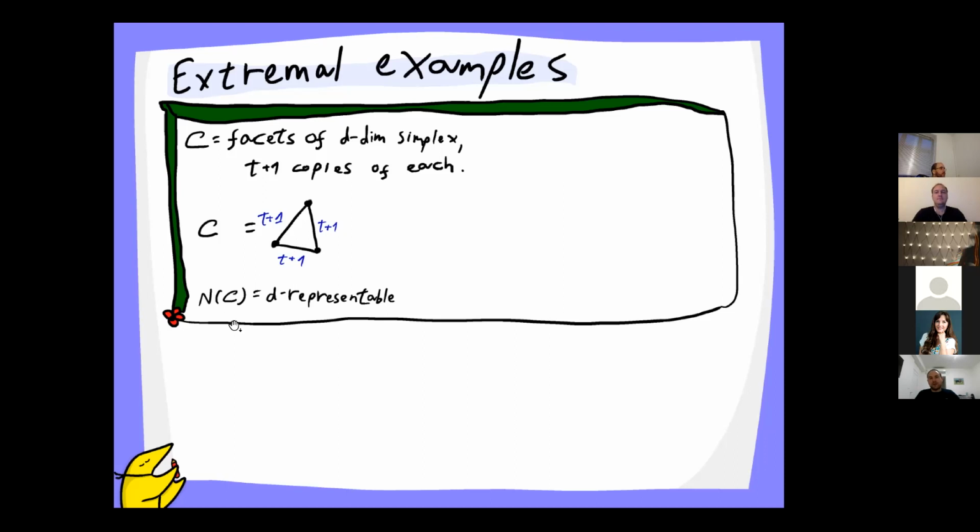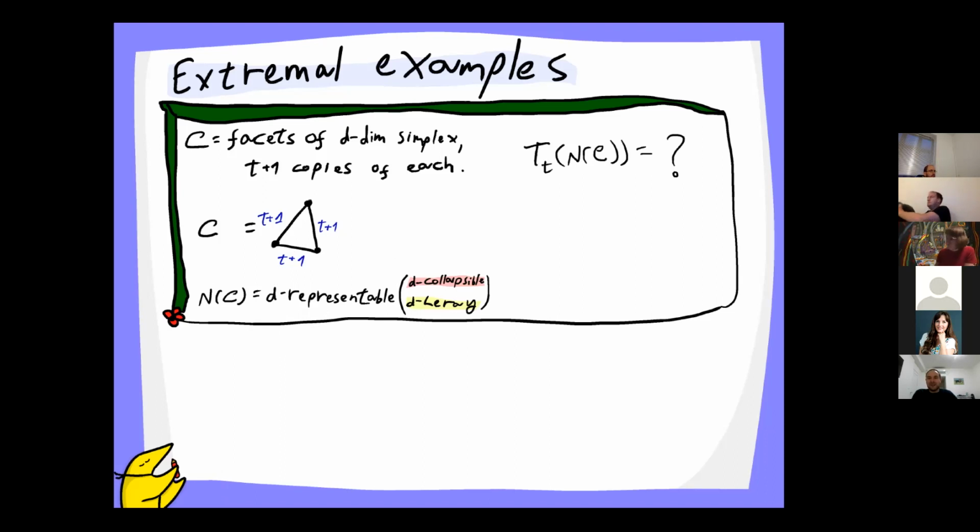The nerve of this family is by definition d-representable, and in particular it's d-collapsible and d-Leray. And we want to know what is the t-tolerance complex of this nerve. I remind you the t-tolerance complex, its simplices are the subfamilies that have a point in common with tolerance t.